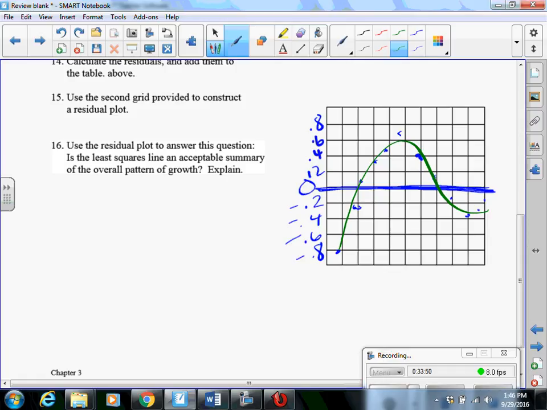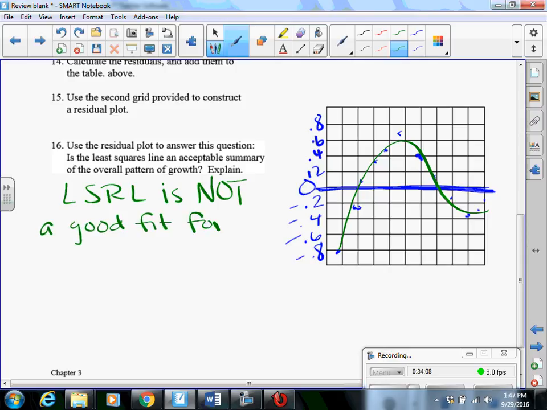we can say, number 16 says, use the residual plot to answer the question, is a least squares line an acceptable summary of the overall pattern? Explain. So the LSRL is not a good fit for the data. And why is this true?